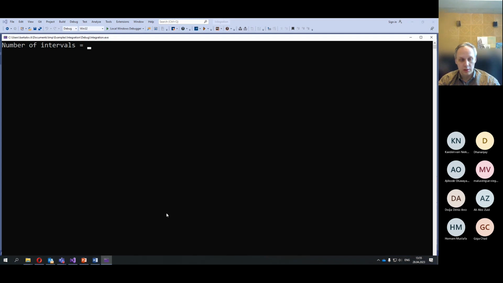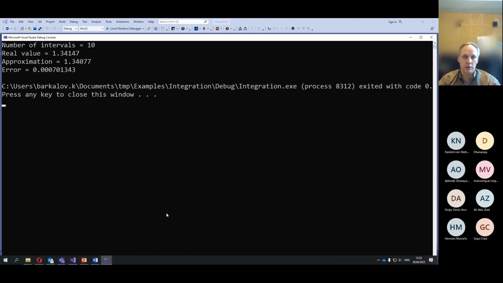Let's check. Let's select the number of intervals equal to 10. Yeah, the values of the integral changed, but the order of the error is the same, 10 to the power minus 4.